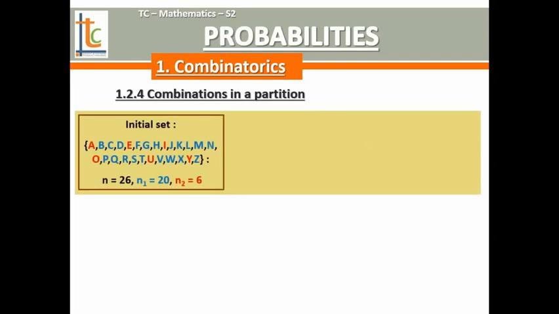If you take your alphabet as the initial set, n equals 26, you've got 26 letters. Maybe you would be interested in whether what you take out of this set is a vowel or a consonant. So I have to do a partition of my alphabet between the consonants, n1 equals 20, and the vowels, n2 equals 6.